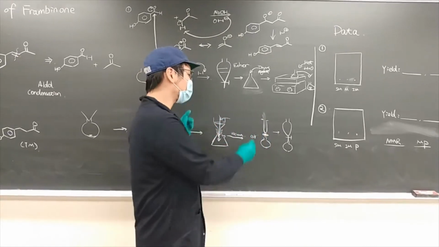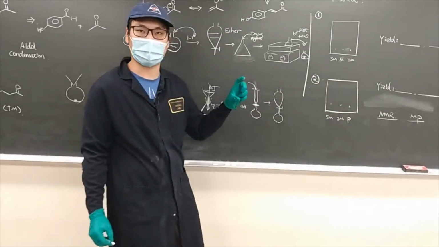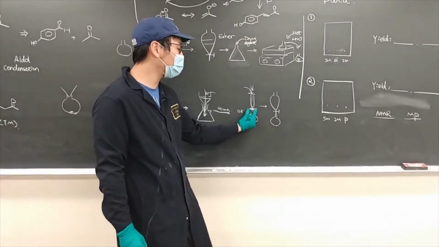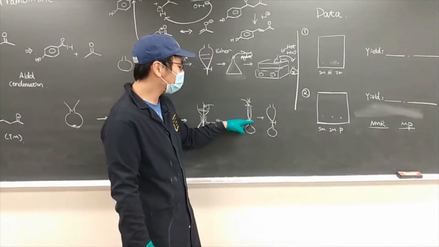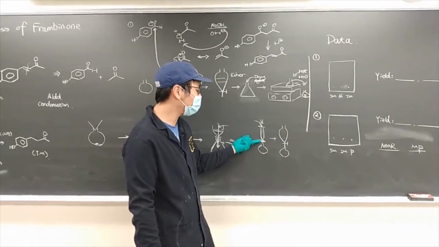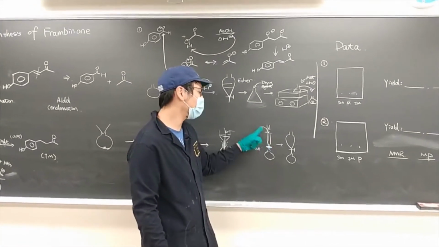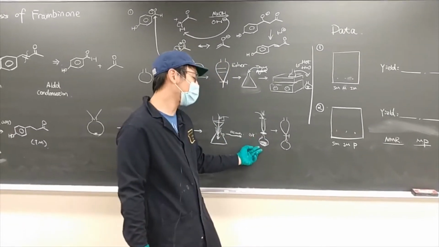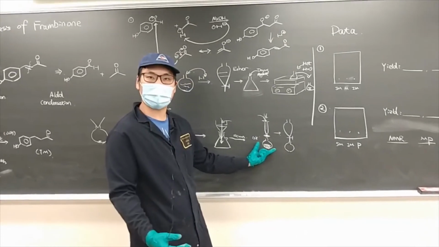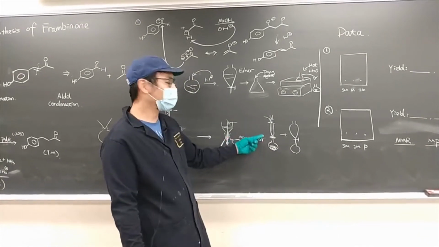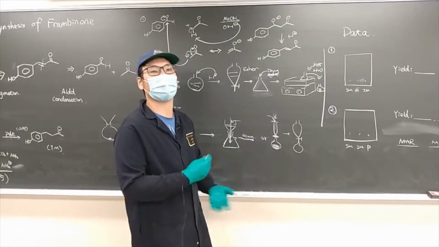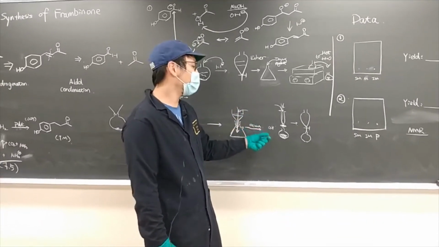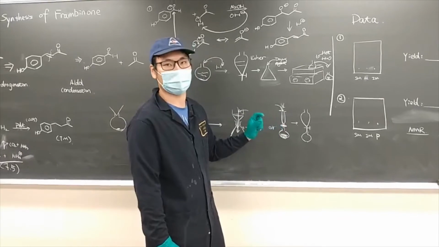We load all the material into a syringe and push it through the filter membrane, and the palladium on carbon will stick on the membrane, and our product will go through into the round-bottom flask. That is just an easier version of the vacuum filtration, but it is more expensive. So if we are performing a large scale, we still prefer the huge funnel, and if we have just very small amounts, we prefer the filter membrane.